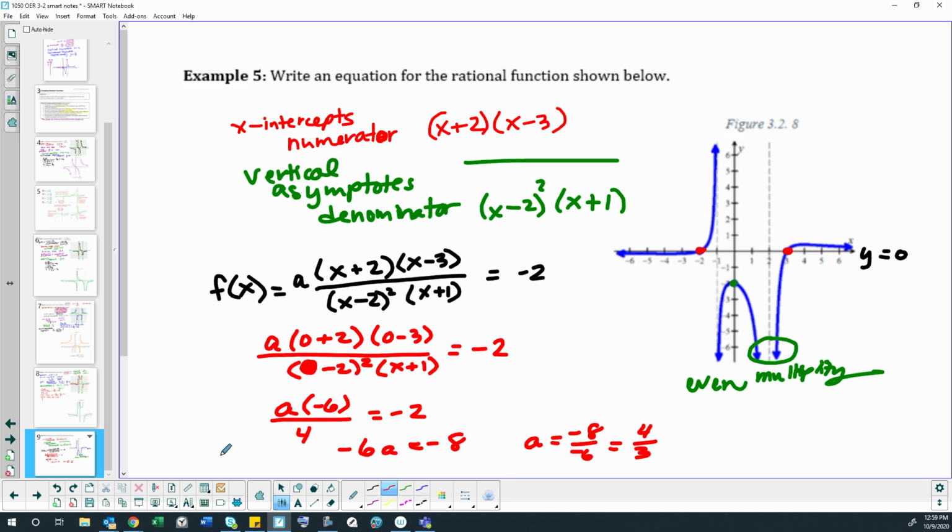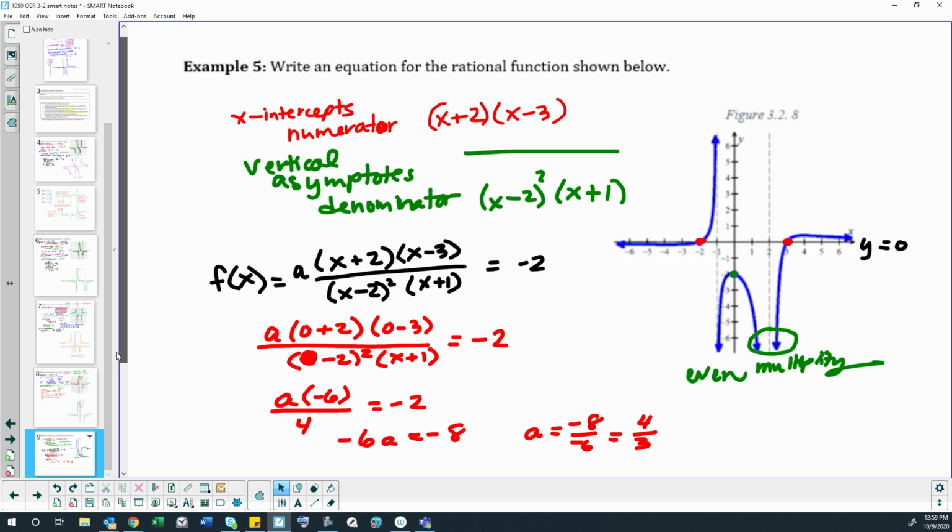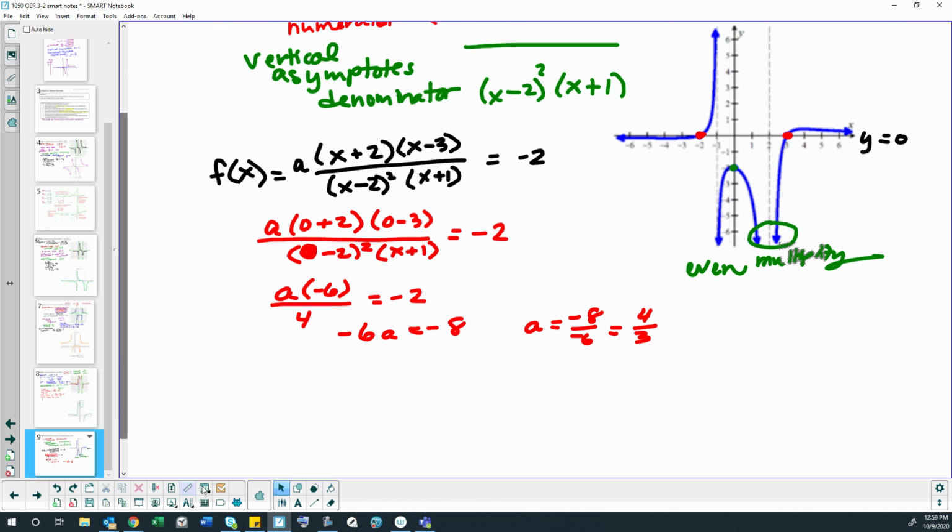Alright, we are done. We found our a value, but instead of putting the 4/3 up on the top, since our whole thing is a fraction anyway, we can just write it with the 4 on the top and the 3 on the bottom. So here's our final answer that should get this graph. We can check it with decimals.